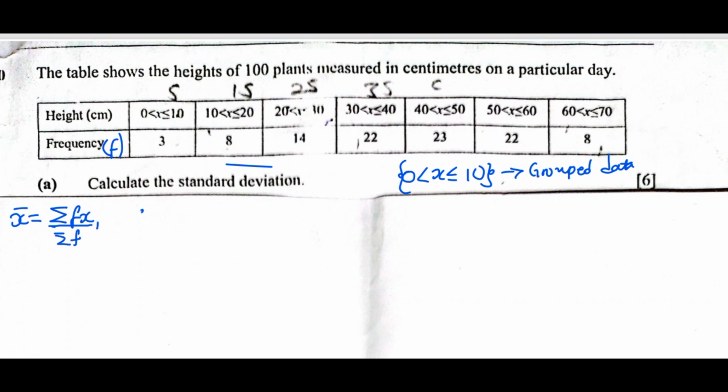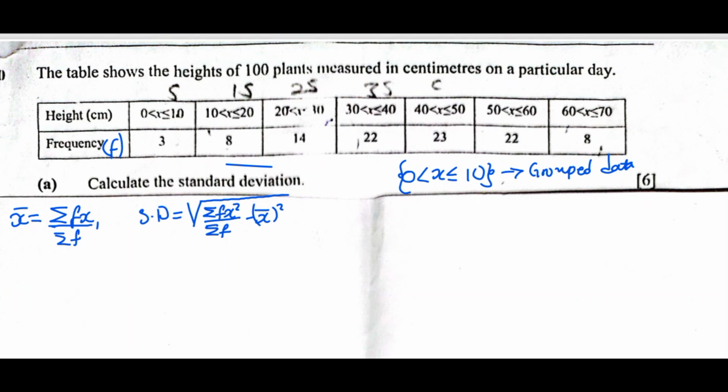Then from there we'll proceed to calculate the standard deviation. If you are not using a table, the formula for the standard deviation is the square root of summation of f x squared over summation of f, minus mean squared.